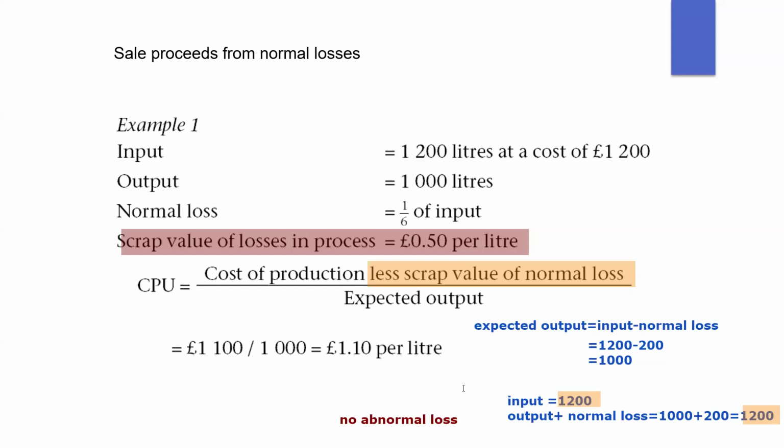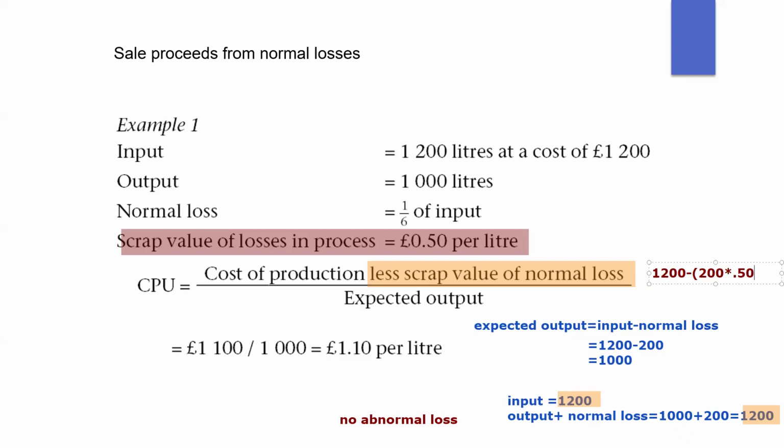So the cost of the input should be the cost of production as well. The cost of production here is 1200, which is the same as the input cost. And from this value, we have to deduct the scrap value of the normal loss. Normal loss in quantity is 200 and it should be multiplied by 50 cents.